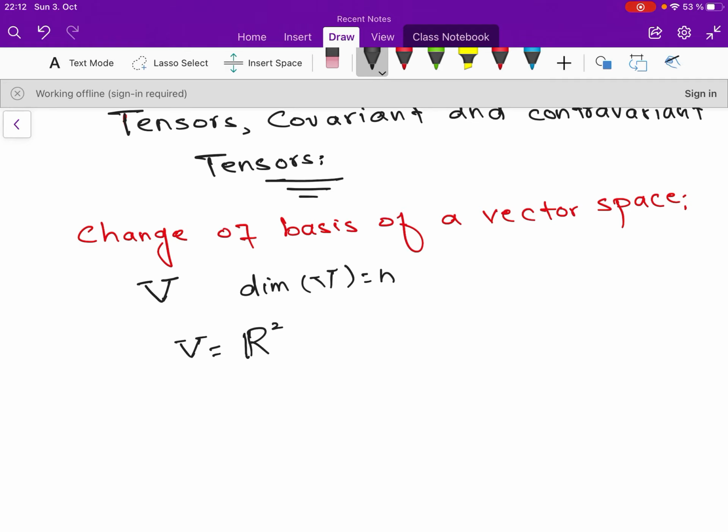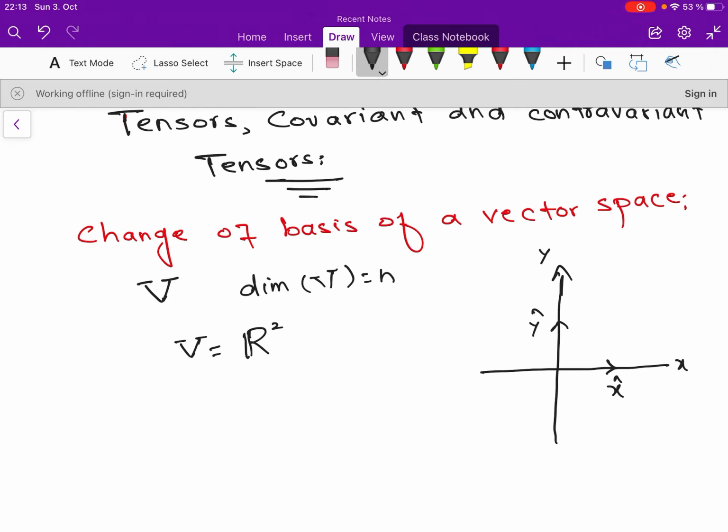So it can be represented in this manner. Let me say x is here and this one is the y axis. I can take a unit vector over here and represent this with x cap and this one with y cap.